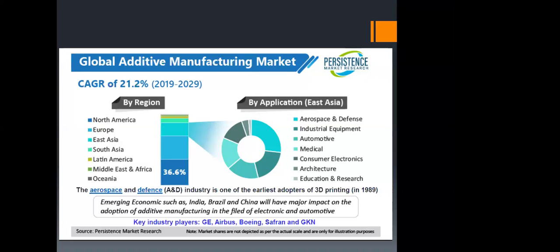Emerging economies like India and Brazil will have a major impact on the adoption of additive manufacturing in the field of electronic and automotive systems. This survey data gives a glimpse of the impact of additive manufacturing, which is one of the important technological pillars in Industry 4.0.